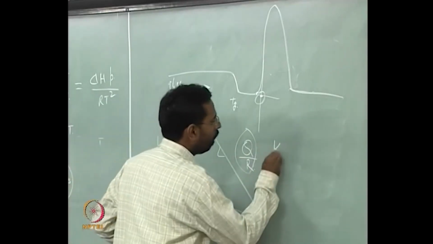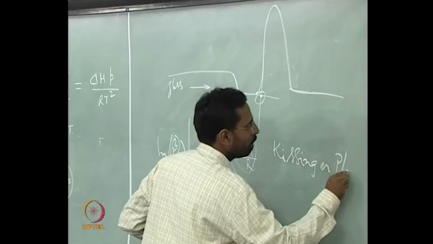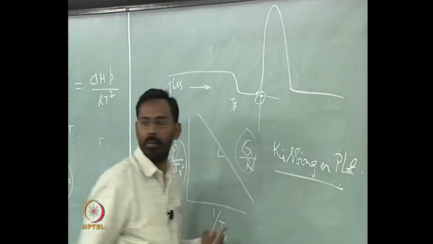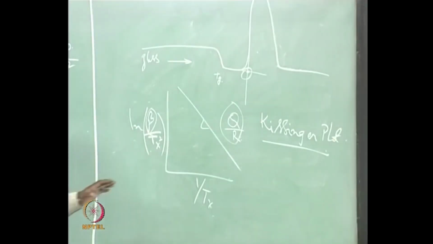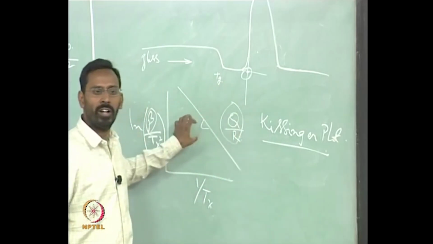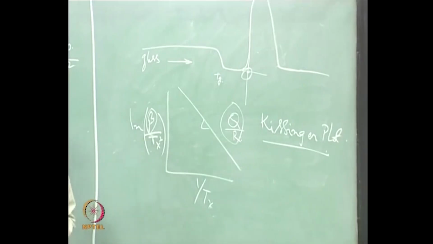This is the so-called Kissinger plot, named after the very famous person who proposed it. All phase transformation kinetics are done with this, and this is what is called athermal kinetics.